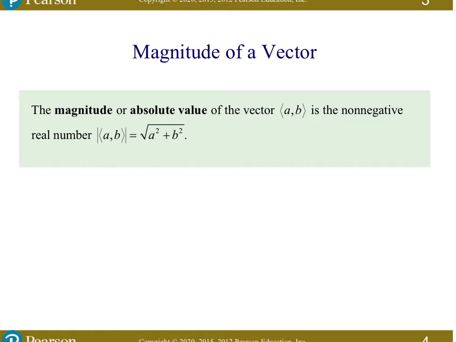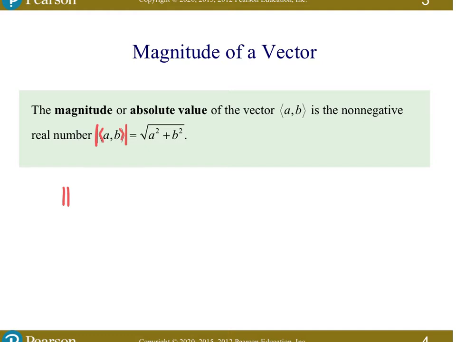The magnitude, or sometimes called absolute value of a vector, is found similar to the Pythagorean theorem, similar to the hypotenuse of a right triangle. Our book uses these single brackets with the triangular inside, okay? But that's not the most common. The AP, the College Board, is going to use the double.